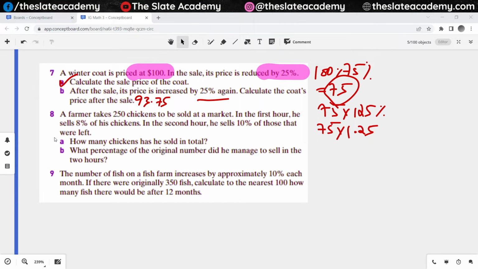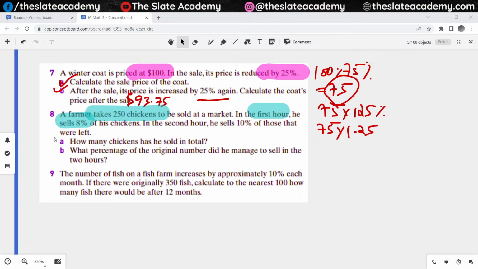Miss Noor? All right. Quickly, 8A and 8B. All right. For question number 8, the farmer has 250 chickens to be sold. In the first hour, he sells 8%. So if he sells 8%, how many chickens has he sold in total?